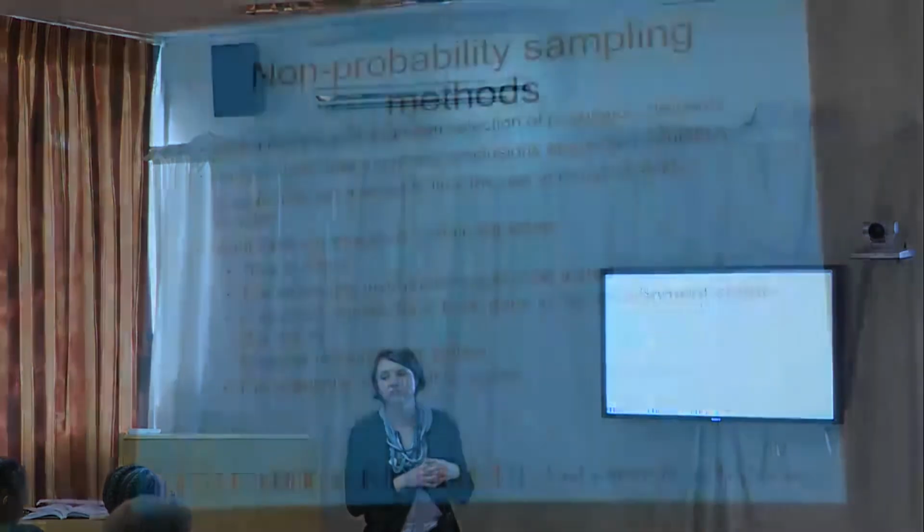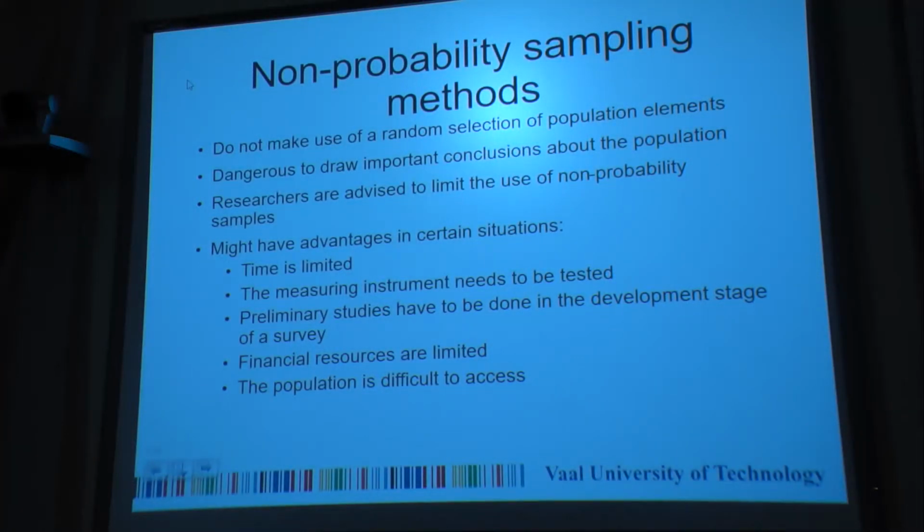It's dangerous in this case to draw important conclusions about the population. Why? Because non-probability sampling is not necessarily representative of the population. Because you did not make use of randomization. That is why it's not representative. You don't have a list to do the representative sampling.